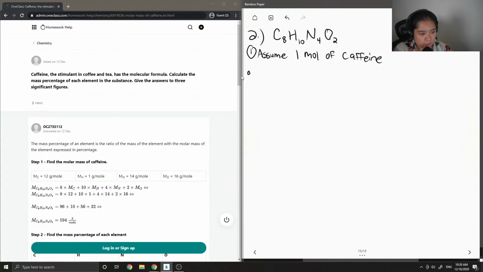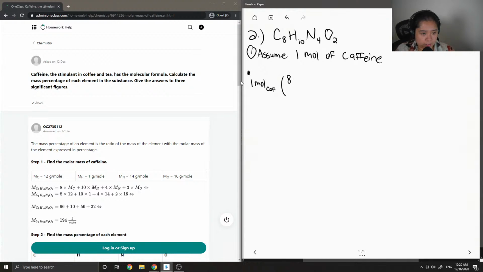So if we assume 1 mole of caffeine, we can find out how many moles of each atom there are in caffeine. For example, let's do an example of how we would find the moles of carbon in 1 mole of caffeine.